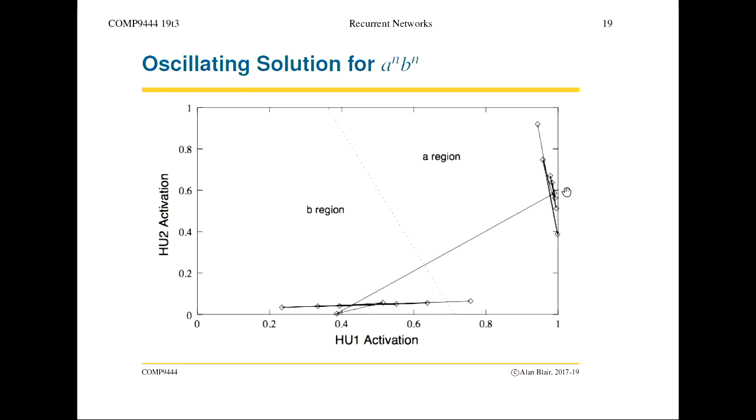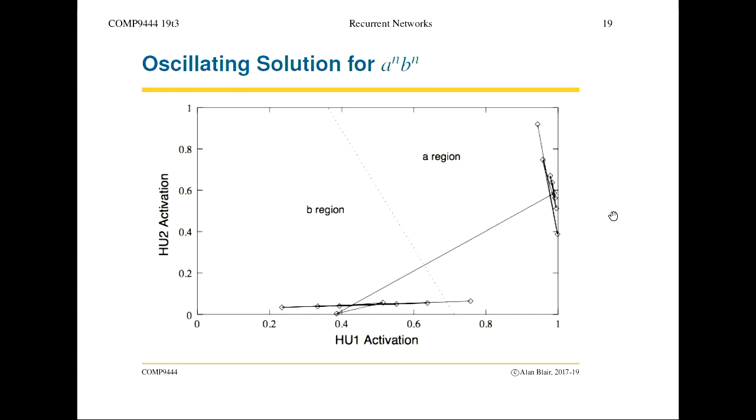But the interesting thing about the solution it actually comes up with is that you only train it on examples up to A to the 10, B to the 10.